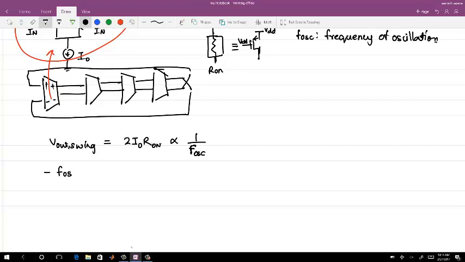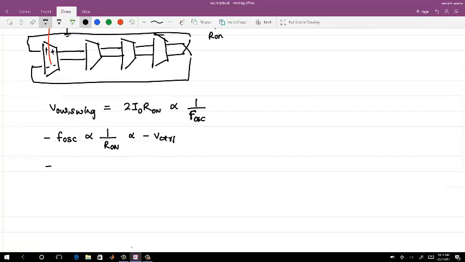F of oscillation is inversely proportional to R on, and directly proportional to VDD minus V control. Then the output swing is inversely proportional to the frequency of oscillation.